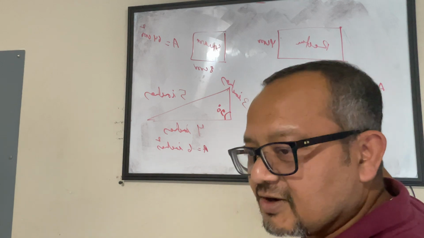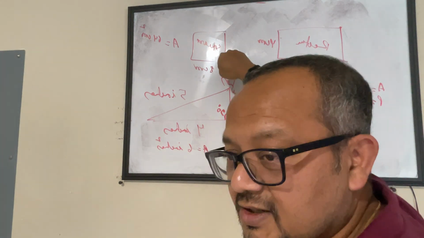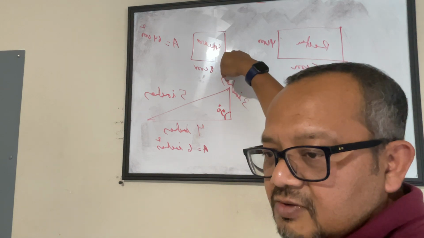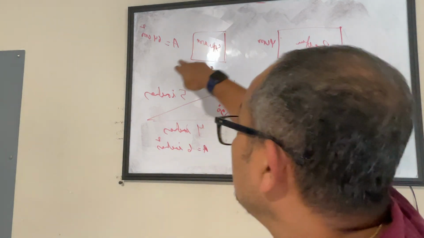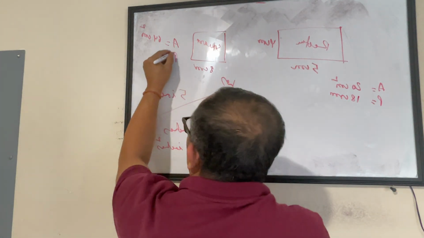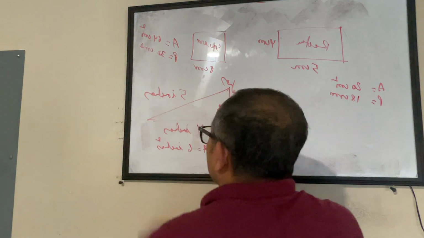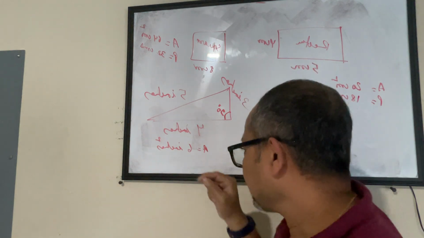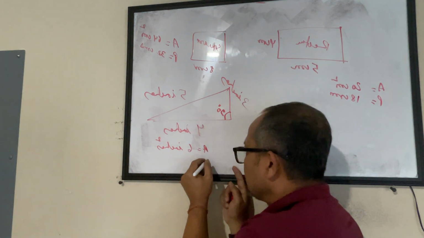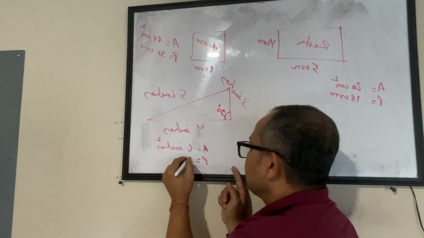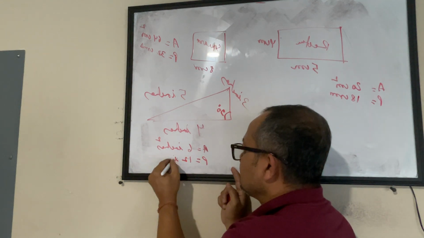Centimeters. Okay. How about the square? For square area, I got 64 centimeters square, and perimeter, I got 32 centimeters. Very nice. For the triangle, for perimeter, I got 12 inches, and area, I got 6 inches square.